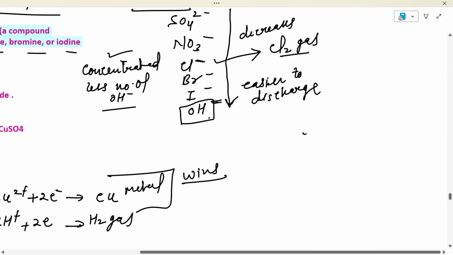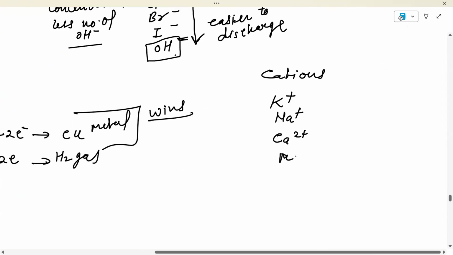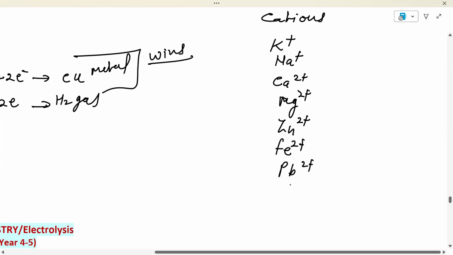Series of cations. When we see the series of cations, it would be like potassium, sodium, calcium, magnesium, zinc, iron, lead, hydrogen, copper, silver.